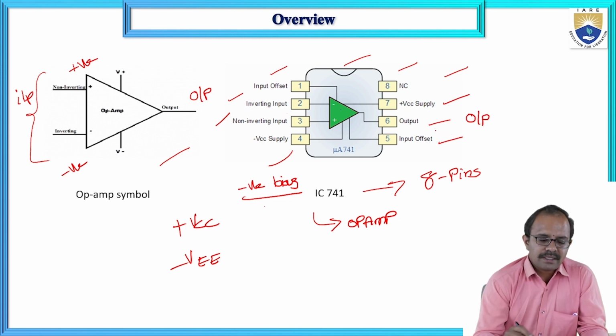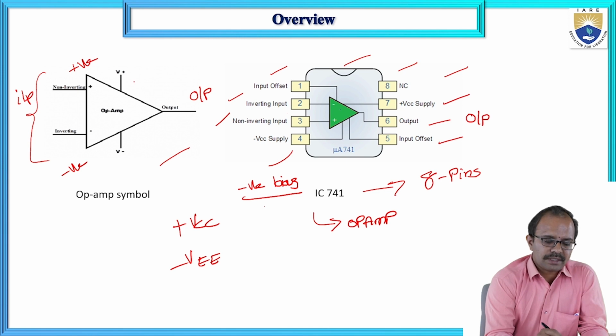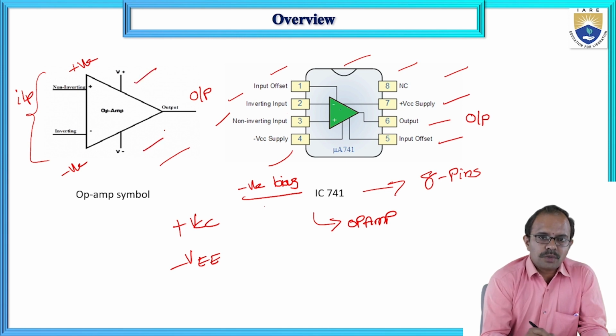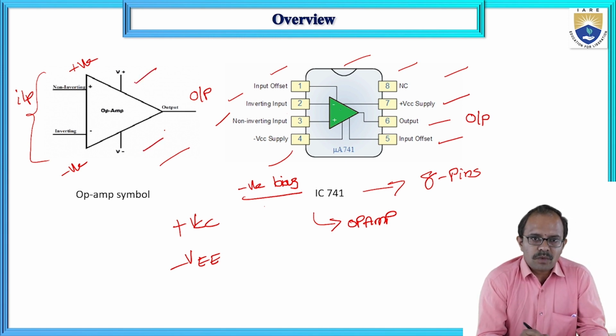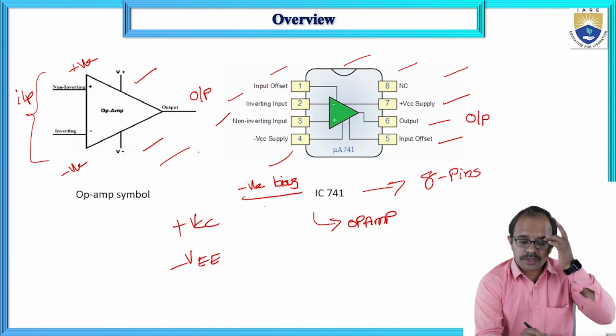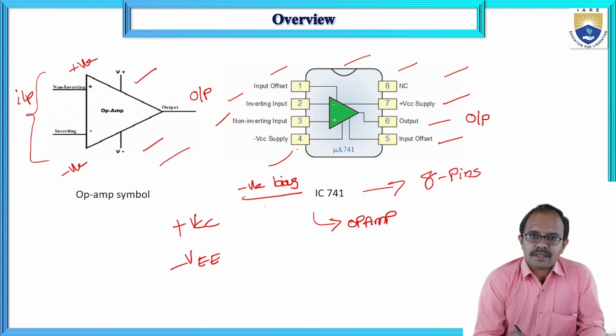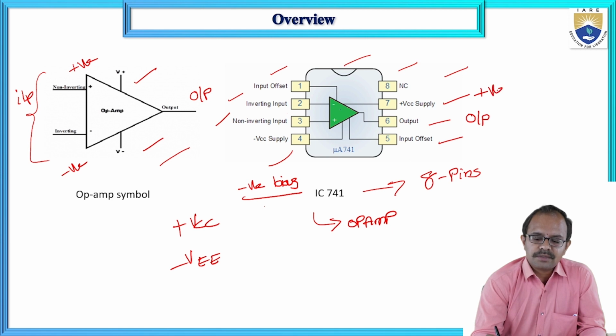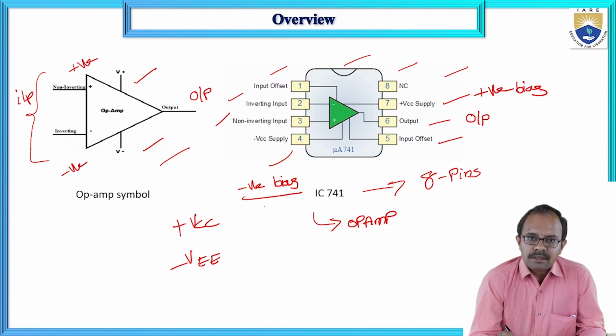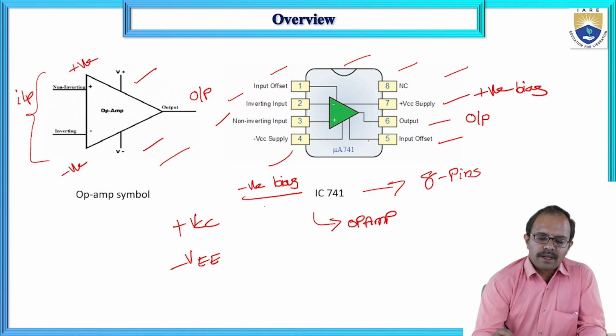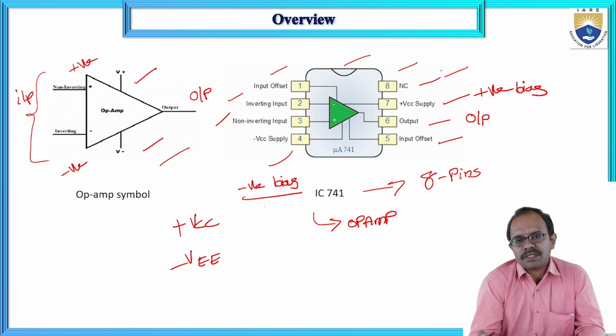In the symbol you can notice two biasing voltages, one negative bias and the other positive bias. Negative bias is applied to pin number 4 and positive bias is provided to pin number 7. Here you provide the required positive bias to the IC741, and pin number 8 has no connection.